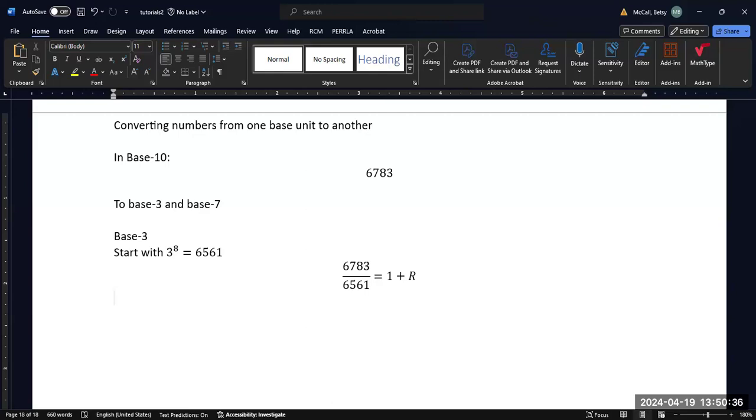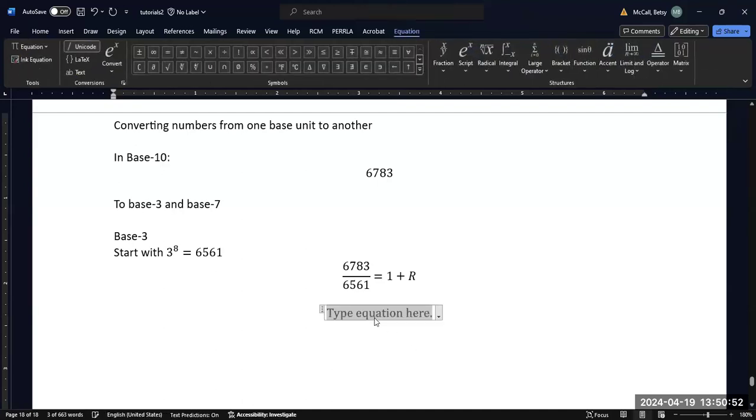So what we're going to do is subtract, because it only goes in one time, we're just going to take our 6783 and subtract 6561. If it went in twice, we would have to multiply by 2 and then subtract. And in this case, we're going to get 222 left over. So 6561 plus 222.